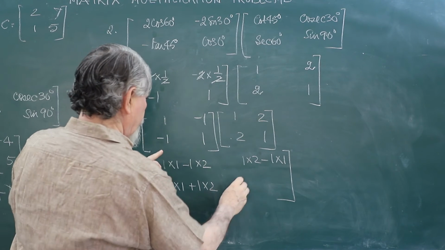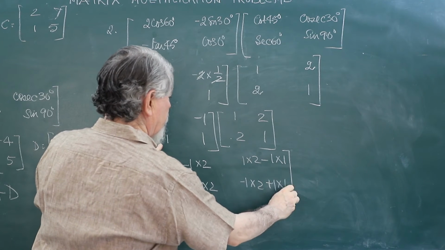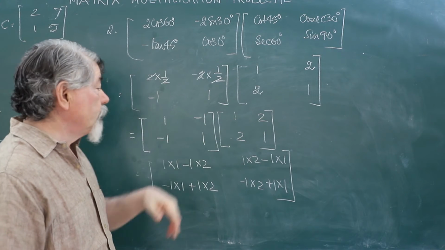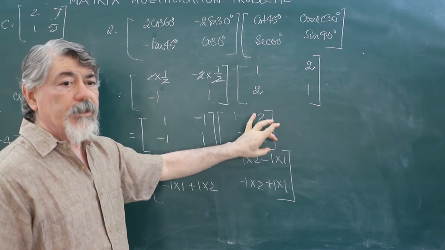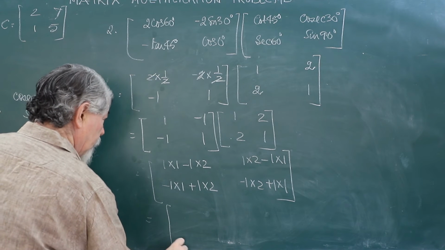Minus 1 into 2 plus 1 into 1. First row into first column, first row into second column, second row into first column, second row into second column. That is how we multiply, and let us see the value.